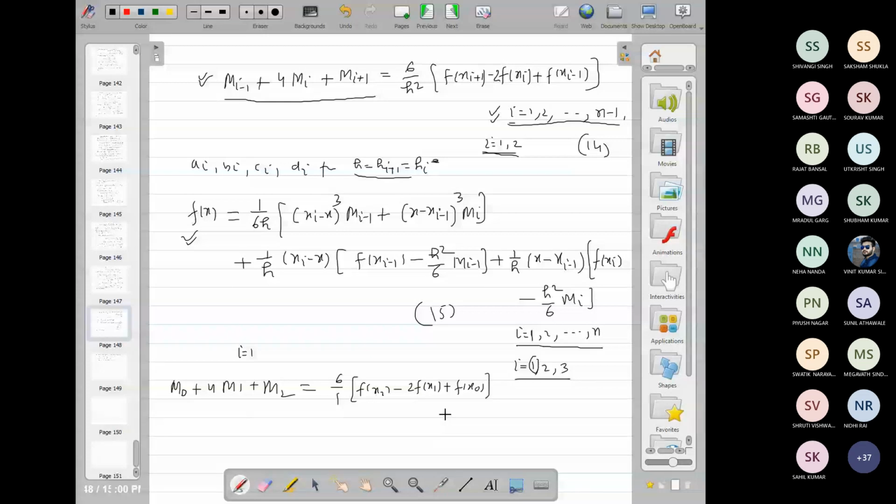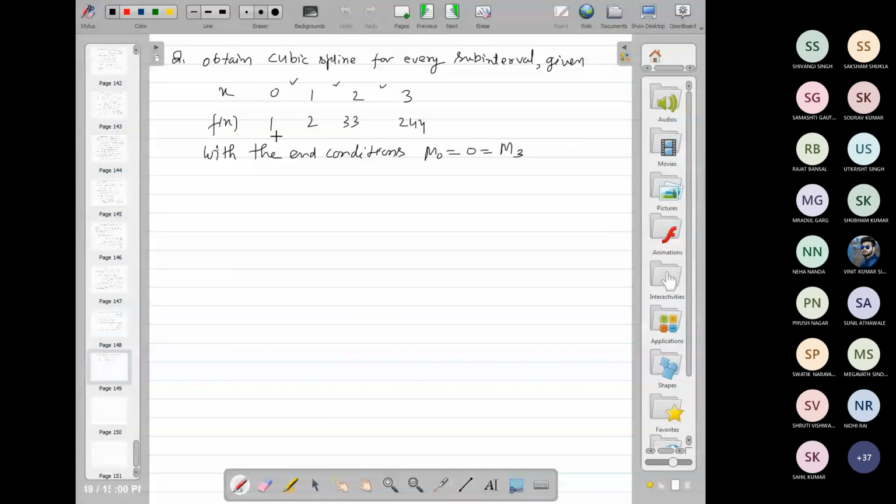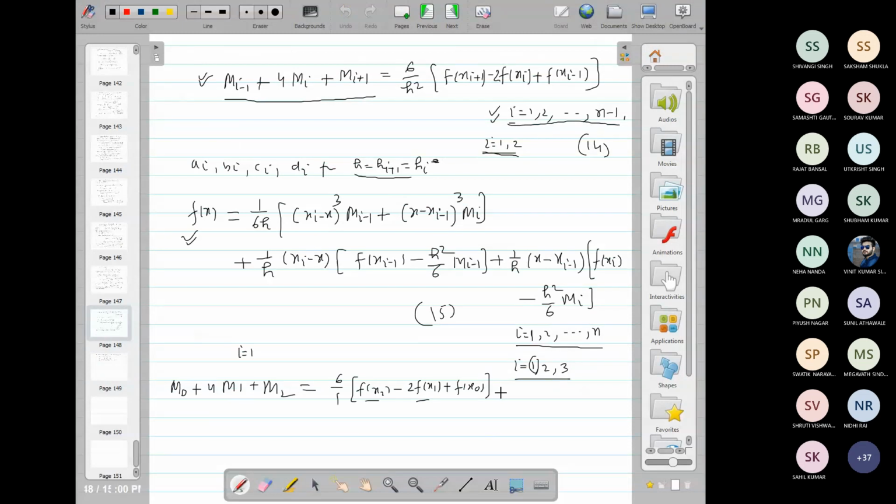These values are known: f(x0), f(x1), f(x2) and f(x3). Substitute the values in this equation, and here m0 and m3 are given. m0 is given as 0. So we obtain one equation in m1 and m2.